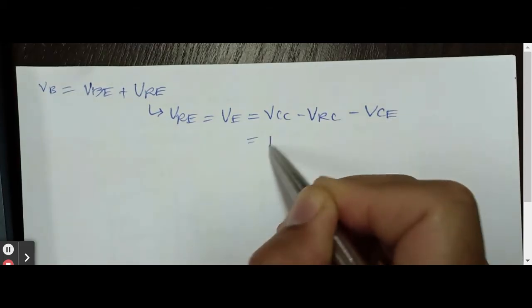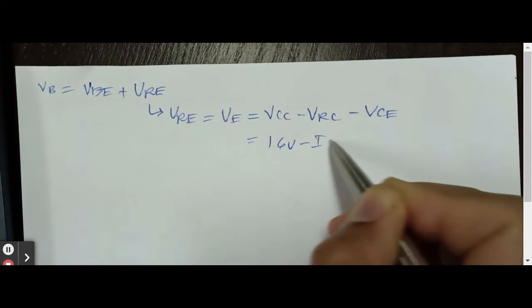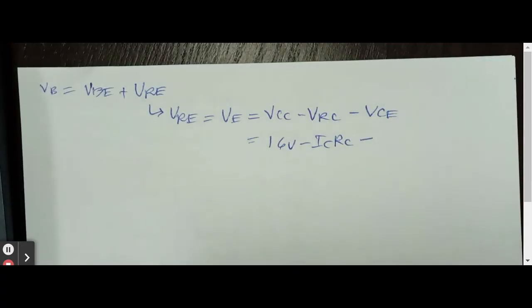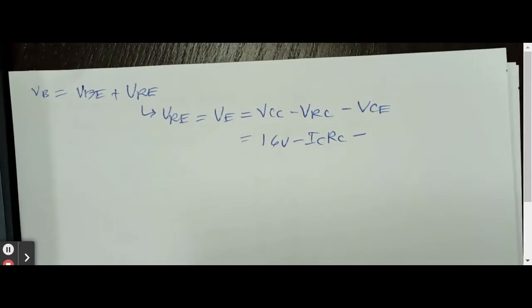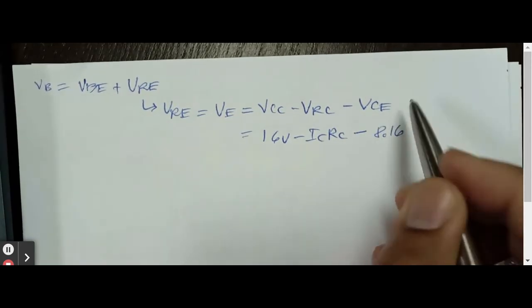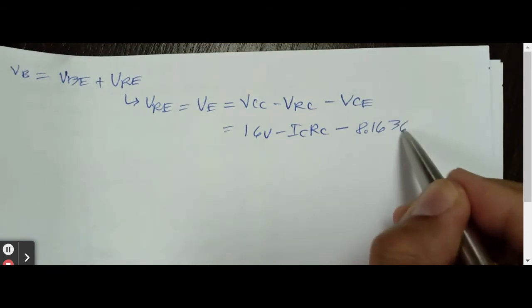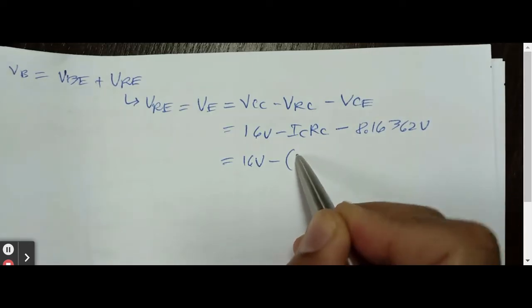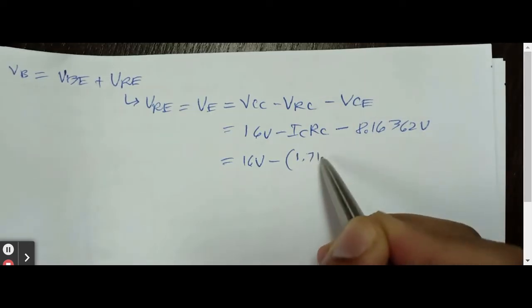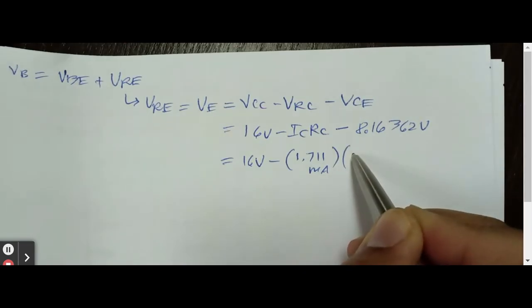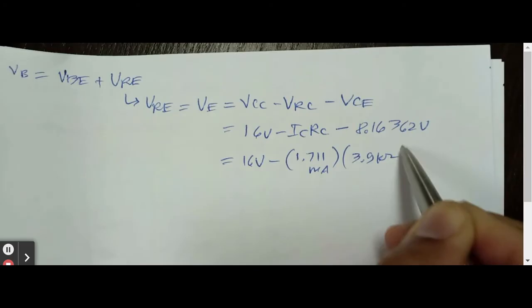And that will be 16 volts minus ICRC minus VCE, which we calculated before. It was 8.16362 volts. And this will be 16 volts minus the IC before, which is 1.711 milliamperes. We multiply it with our RC, which is 3.9 kilo ohms.